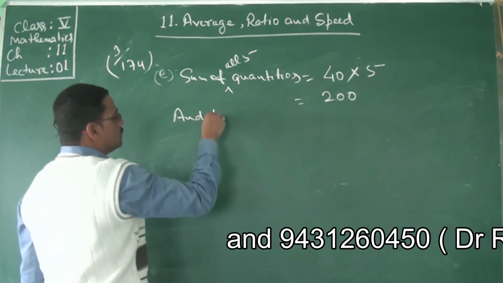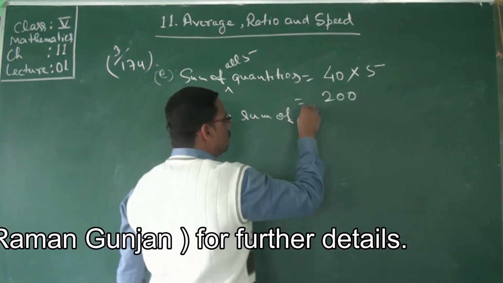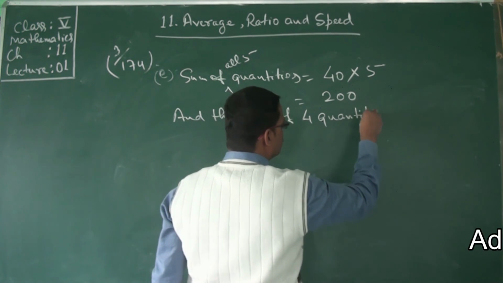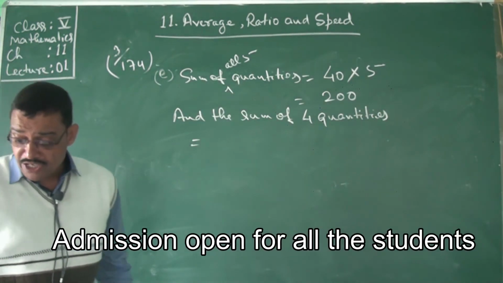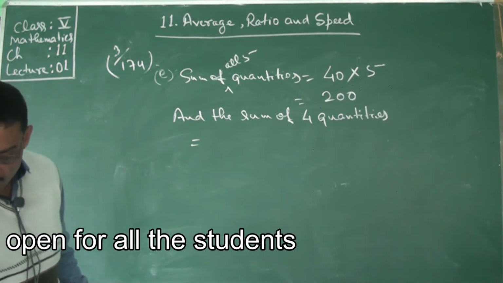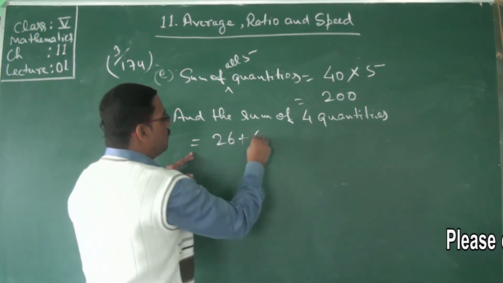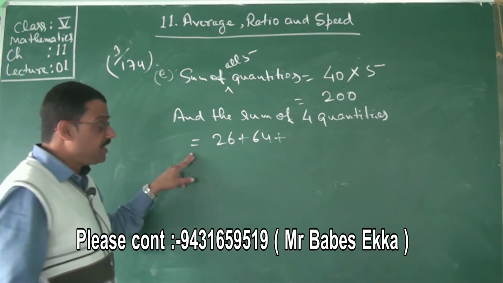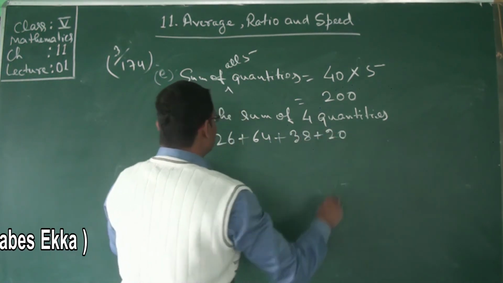And the sum of the 4 quantities given there, let us find out: 26 plus 64 plus 38 plus 20.